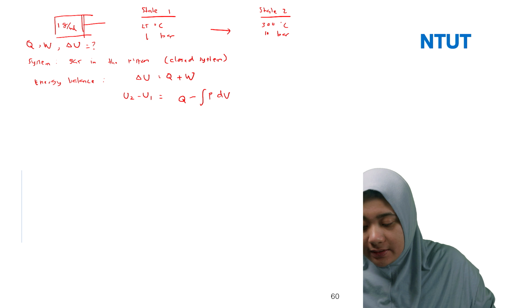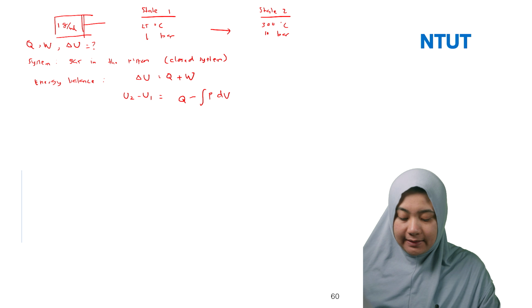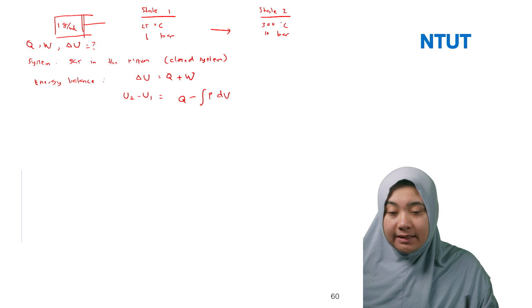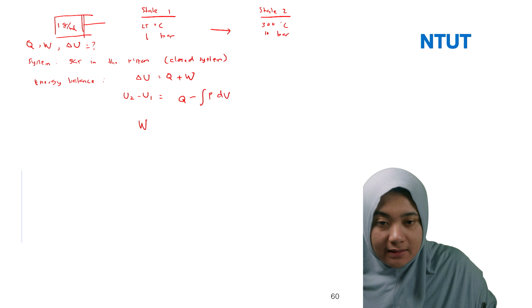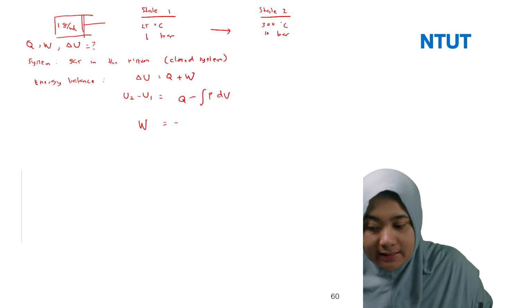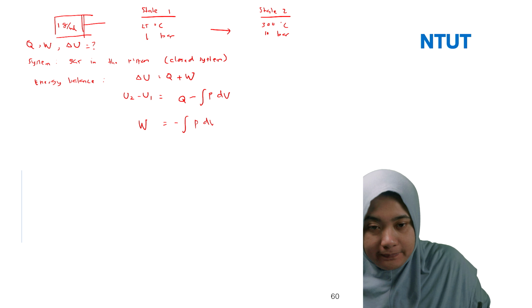And then we can calculate W itself, W in the piston, which is equal to minus integral P dV.